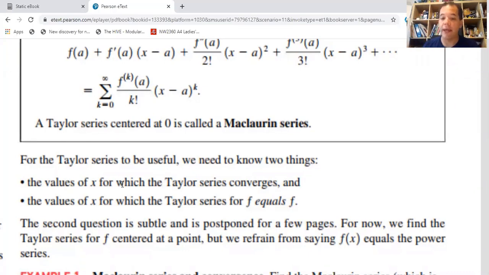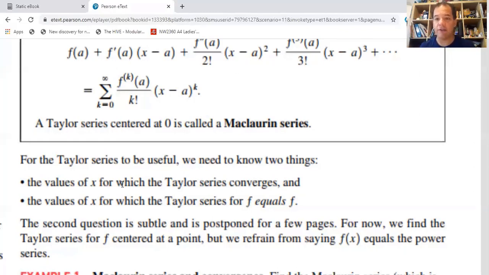So we have to know for which x's it is convergent. And the second is, is it going to be the case that the Taylor series will actually equal the function? And that's even more important, right? Because not only will you have a Taylor series which will be convergent, but maybe you know that Taylor series also equals the function, and then we have a different way to represent the function.